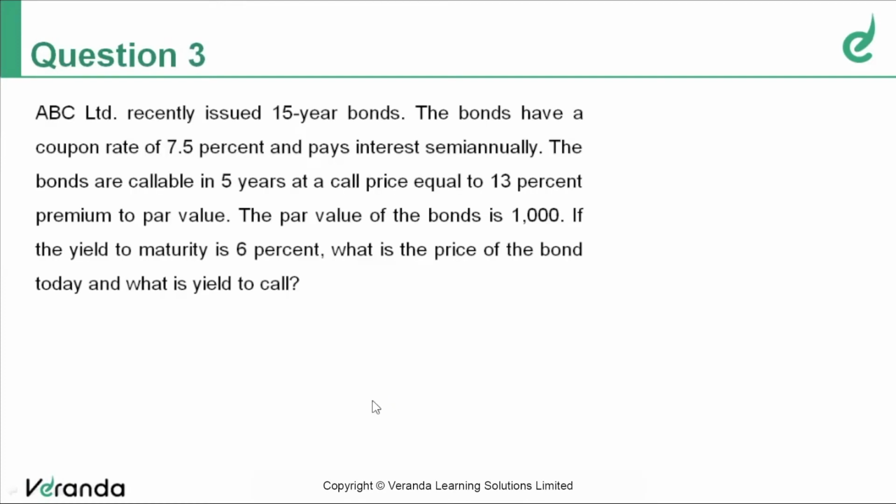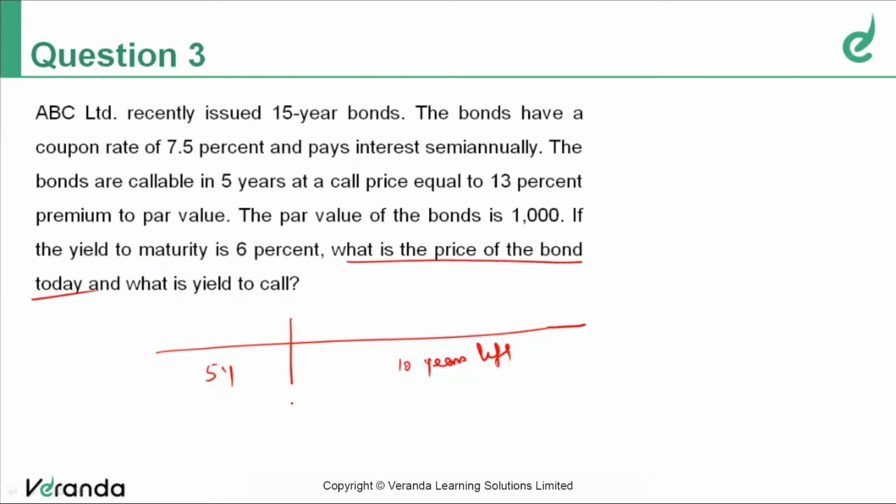What exactly is the requirement of the question? Now let us have a look at it. In a period of 15 years, 5 years gone, 10 more years left. So they are asking what is the price of the bond today? Today is the day.